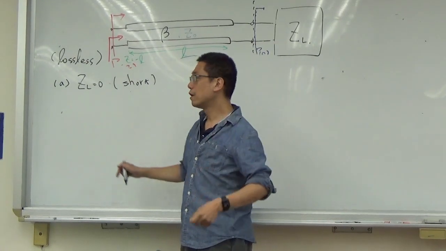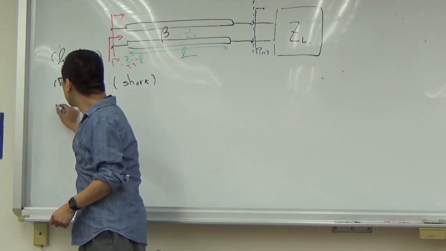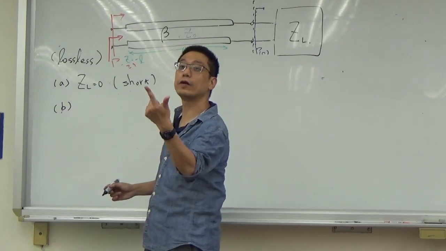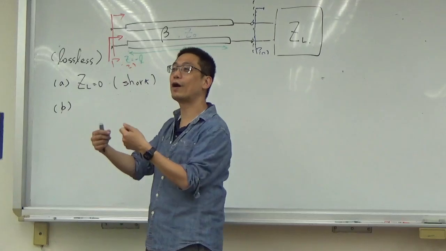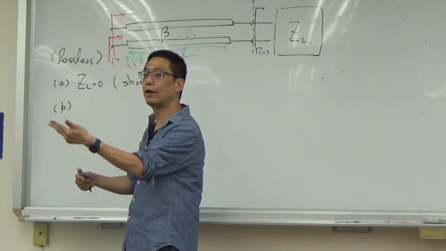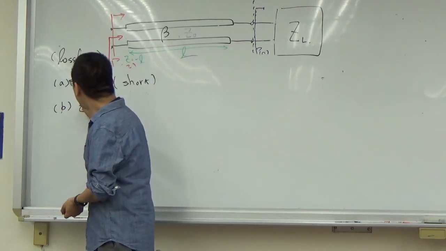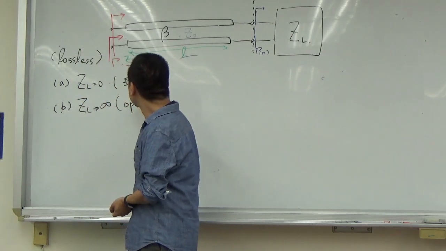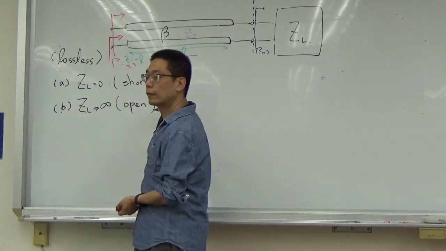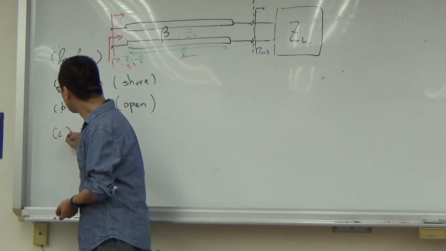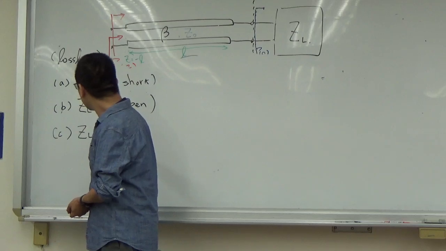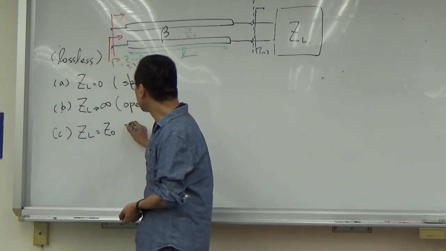Okay. The second case: you have short and open, right? If you know how to calculate short, open load, let me write it down. Open. The third case is load matched.